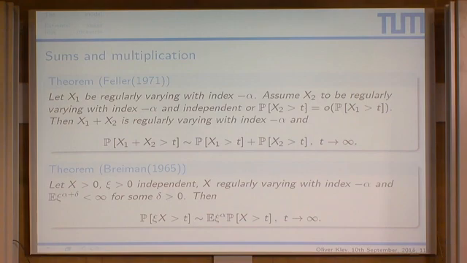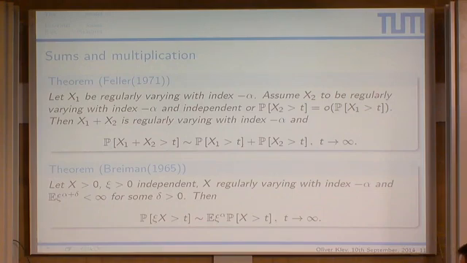So it's the heavier tail which counts. And the implication for the model is that we assume all the object losses to have the same alpha, because if we didn't, the lighter tails would vanish from the asymptotic considerations.